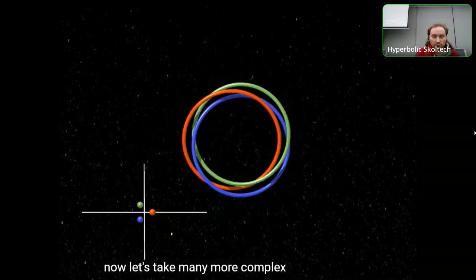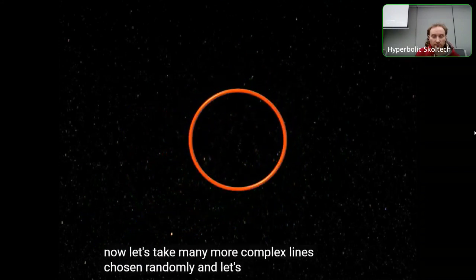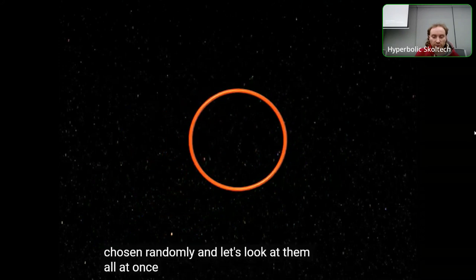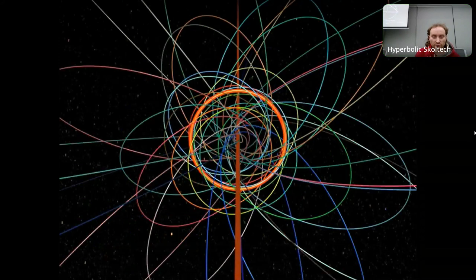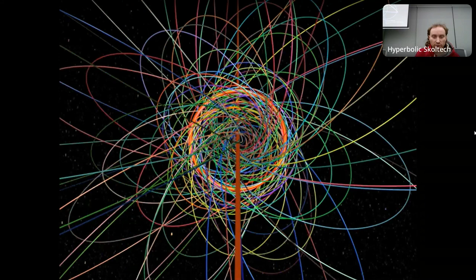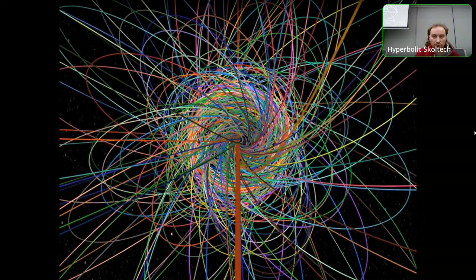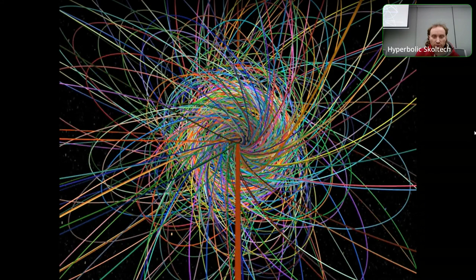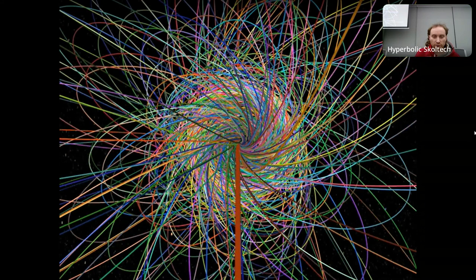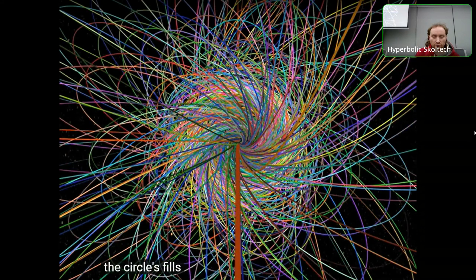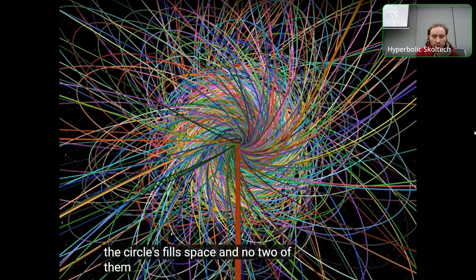Let's see many more complex lines chosen randomly, and let's look at them all at once. The circles fill space, and no two of them intersect.